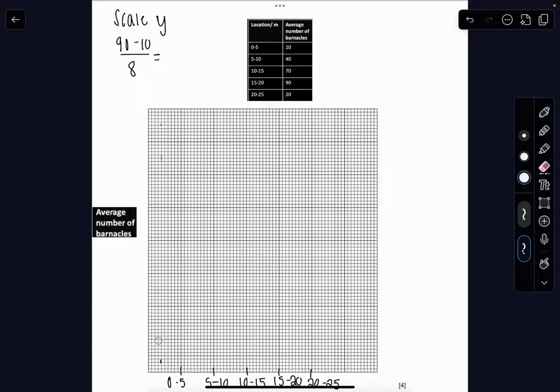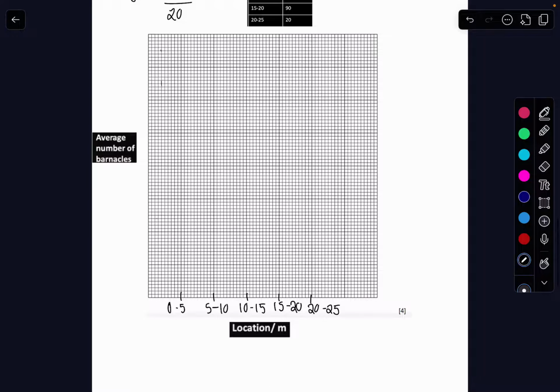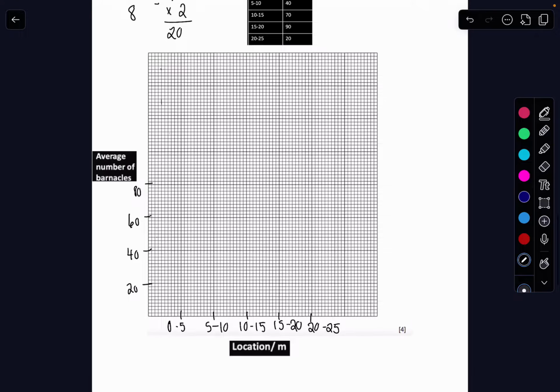Again, don't count the very bottom line. So 90 minus 10 divided by 8, we're going to get 10. 10 times 2, 20. So we can count by 1, 2, 5, or 10. In this case, I think that counting by 20 would be perfect. We're going to give that a try. So on every darkened line, we are going to write 20, 40, 60, 80.